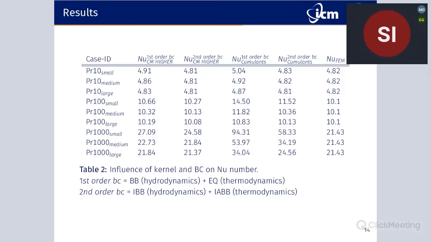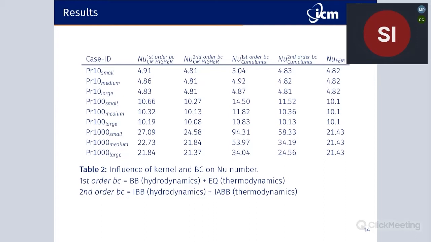So here we have once again the case. This is how big the mesh was and how difficult it was in terms of the numerical values for the relaxation parameters. So the higher the Prandtl number, whatever it is, not important at the moment, the higher it is, the more difficult is the problem in terms of numerics for the solver.